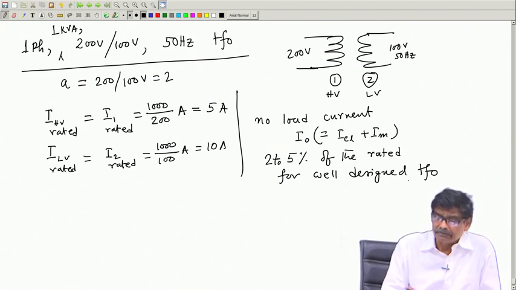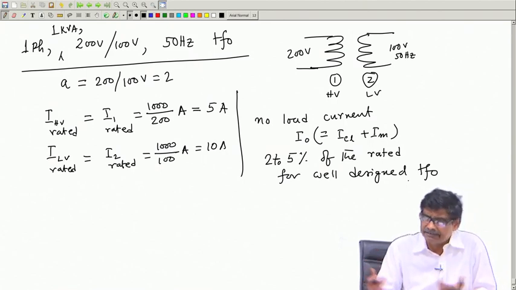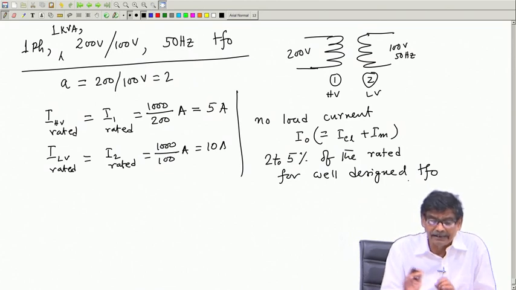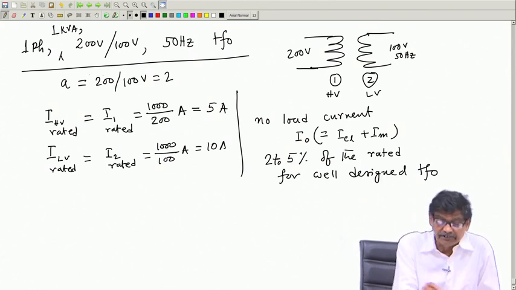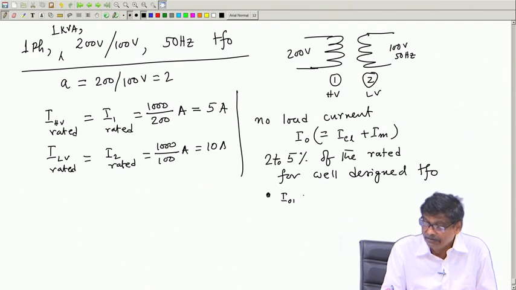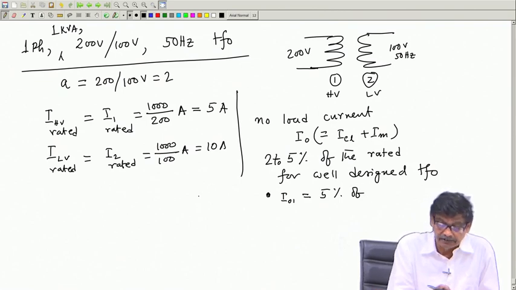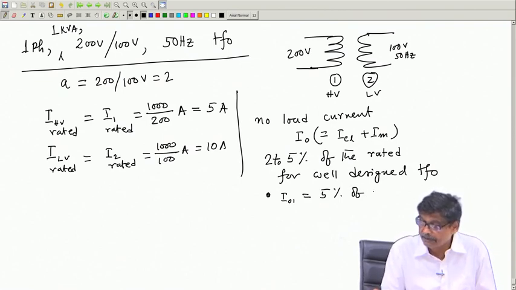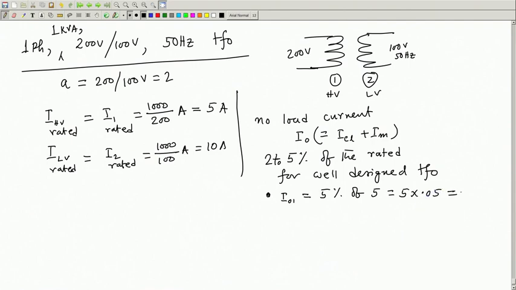Therefore, without knowing the equivalent circuit, I will say that maybe for this transformer I naught 1, the no load current referred to side 1, will be about say 5% of the rated current of side 1, that is 5 ampere. So, it will be 5 into 0.05, that is about 0.25 ampere.